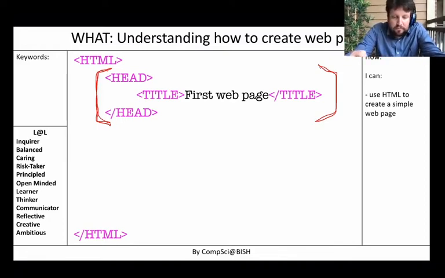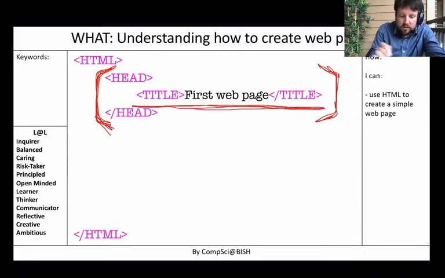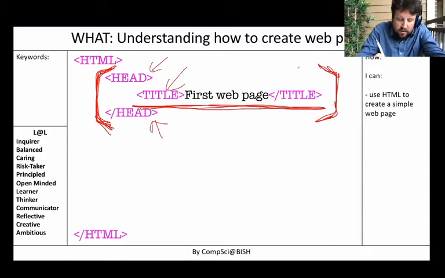Your browser is going to interpret this information and use it to find out about the web page. In this situation, you can see that the head is telling anyone reading this code the title of the web page. Again, I've got an open tag and a close tag here, and again an open tag and a close tag here.